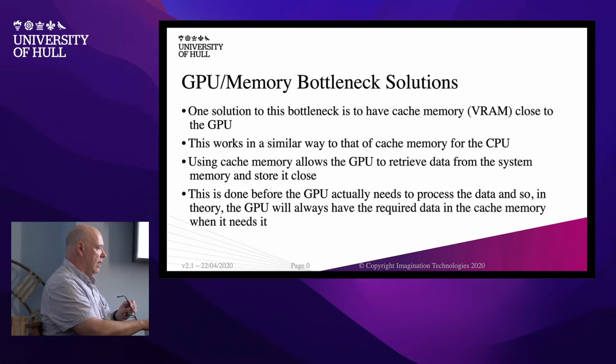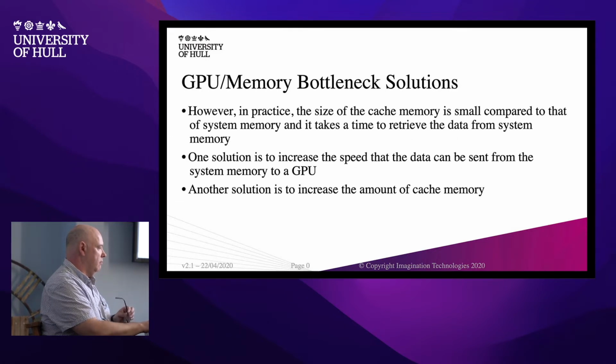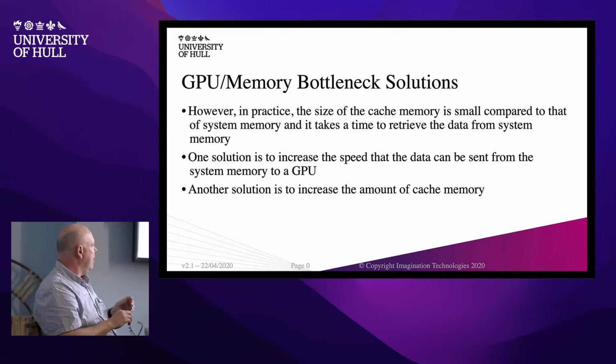Again, some of the solutions is, well, you can increase the speed where you're getting things from system memory to the GPU. You can add more levels of cache. You can make them bigger, and so on.